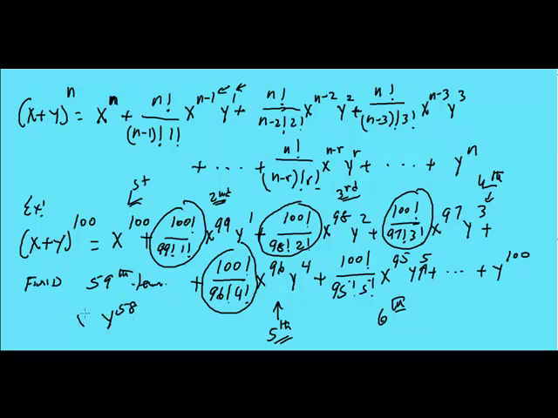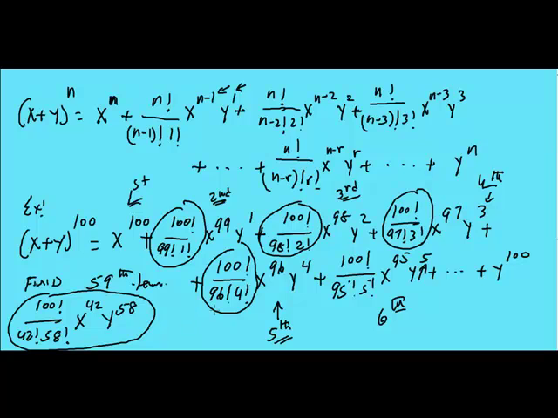My x will have a power of, of course they have to add up to 100 in this one, so x will have a power of 42. And then my coefficient will be 100 factorial over 42 factorial times 58 factorial. Okay, and that will be the 59th term of this binomial expansion.